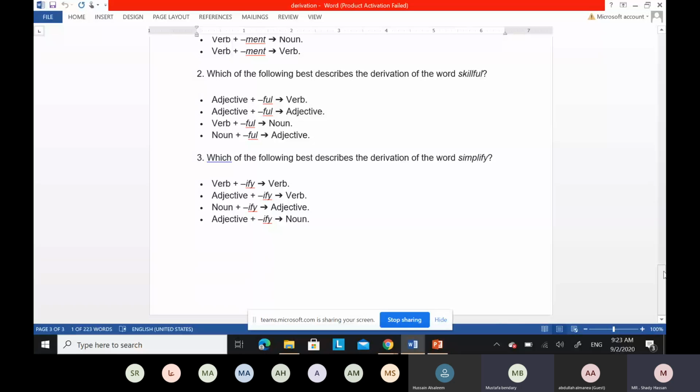So it's noun plus ful, which gives an adjective. Yes, that's right. Again, it's noun. Go ahead. Noun plus ful equals adjective. Yes, that gives adjective. That's right.